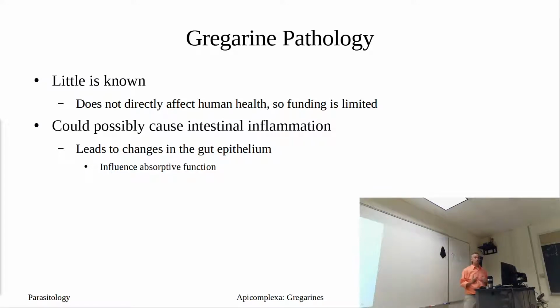Perhaps these individuals that are infected are less able to utilize the energy that they consume, or less able to assimilate the energy that they've taken in. Just speculation. We've been pretty consistent on talking about pathology, so I thought I'd include it here.